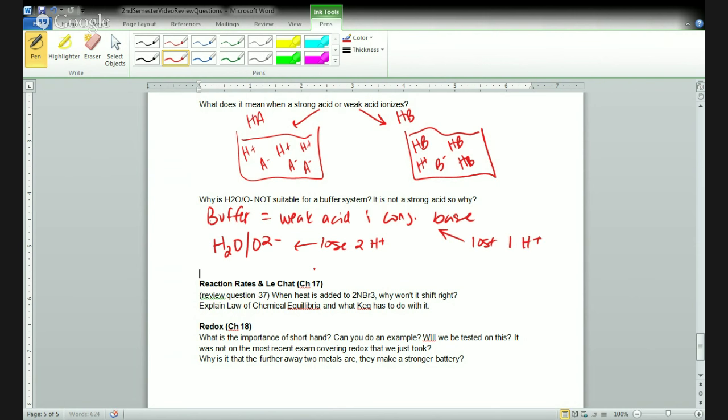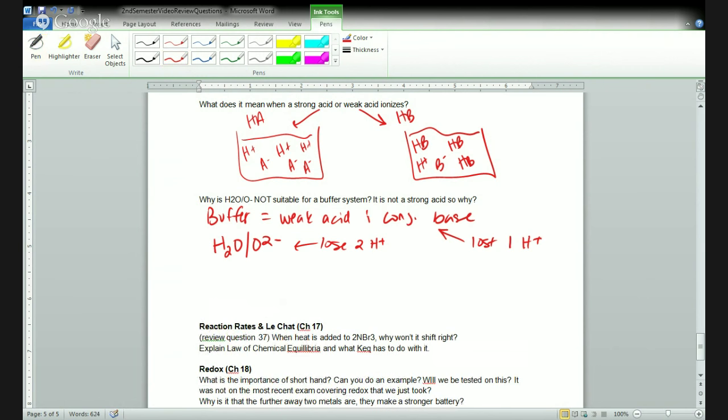A way to show you that a little bit more clearly would be looking at H2SO4. No, let's not do that one. Let's do H2S because it's a weak acid. If I want to know if it's a buffer, if I have S2 minus, it's not a buffer because it's lost too many H's. It's lost two H's.